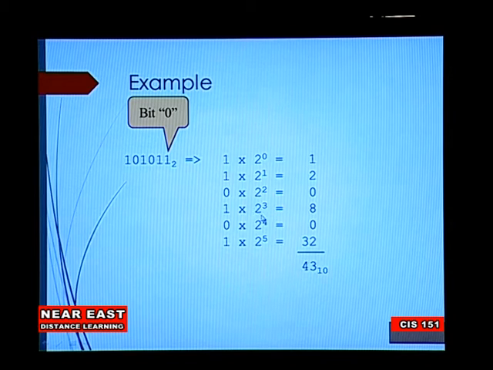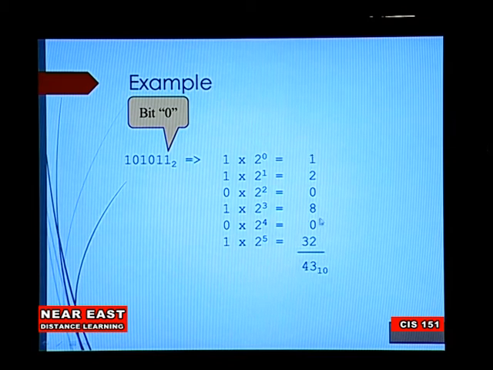And 1 is multiplied by 2 to the weight 3, which is equal to 8. And 0 multiplied by 2 to the weight 4 is equal to 0 because we multiplied it by 0. 1 multiplied by 2 to the weight 5 is equal to 32.